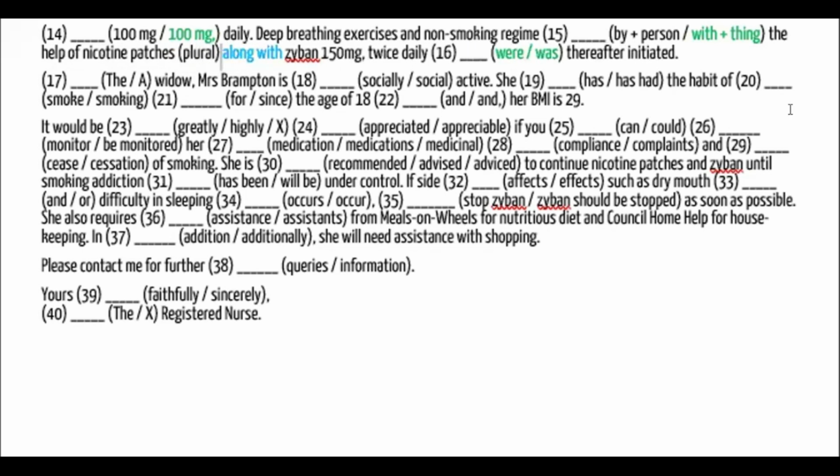Plural. Oh my God. Patches along with, therefore, were is completely fine. Oh, it was a narrow escape. Just because this is a plural one, we are writing were here, and we are writing was here because even if that is plural, even if there is an along with, both of them are completely fine.